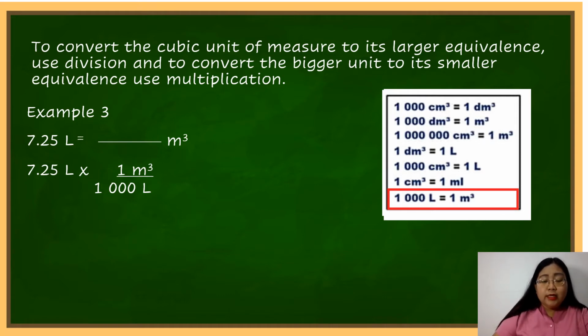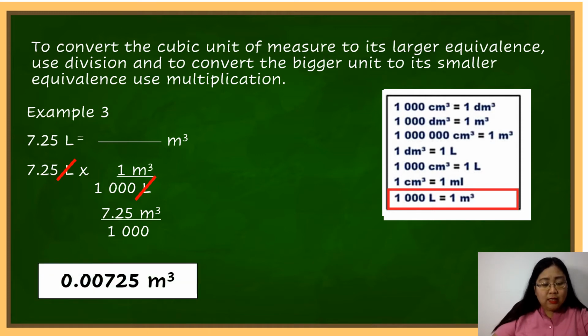7.25 liters times 1 cubic meter divided by 1,000 liters is equal to, okay, first we're going to cancel liters, and then 7.25 times 1 cubic meter is equal to 7.25 cubic meters divided by 1,000.